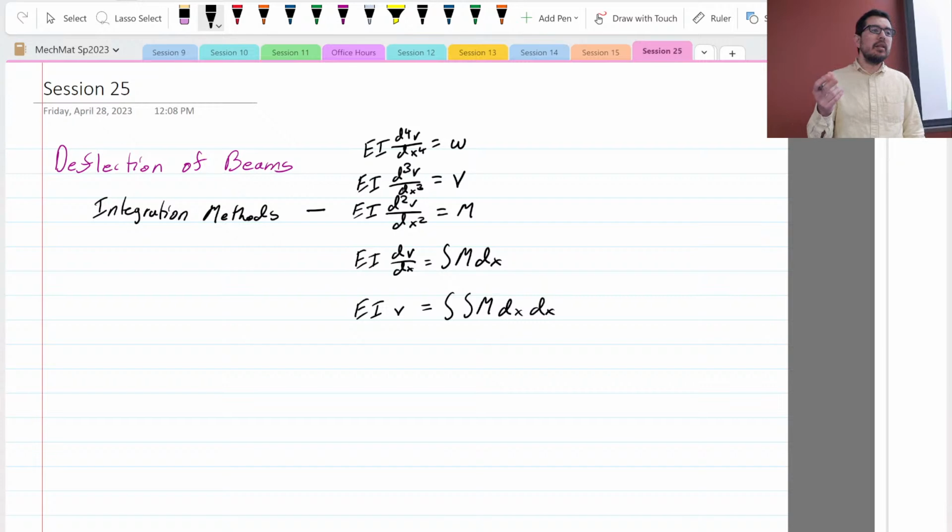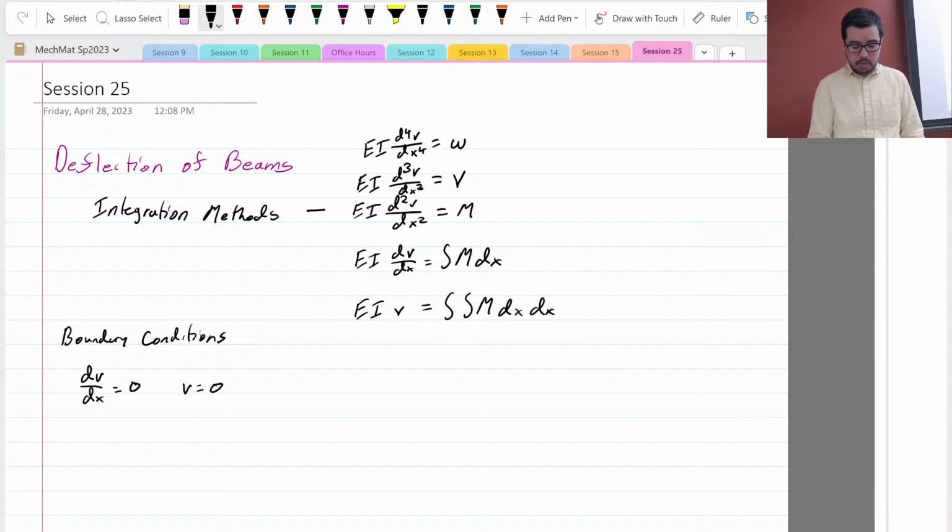Some of the key things to keep in mind here are the boundary conditions that we're interested in. Boundary conditions are typically going to be looking at when the slope is equal to 0 at different locations, and when the vertical displacement is going to be equal to 0.